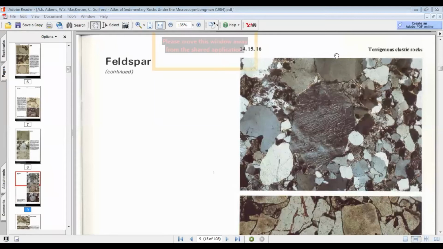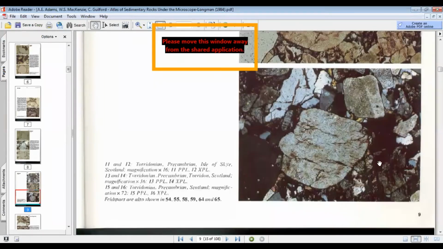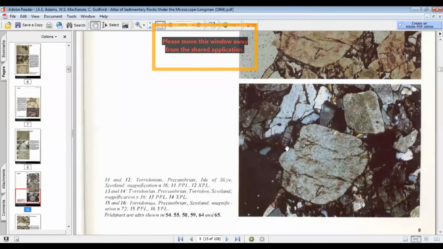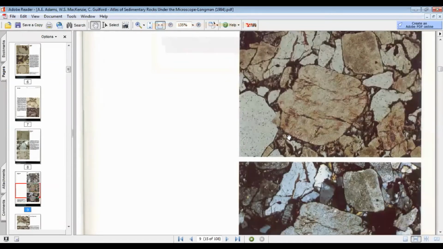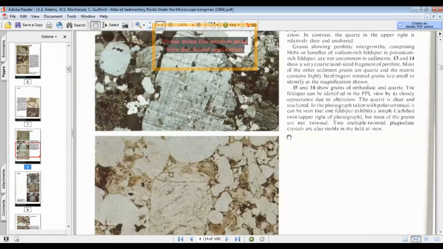Similarly, in other parts of the same thin section, you can see some quartz grains, the next dominant mineral, and you can have some quartz with a cloudy appearance. In this thin section, you can also see quartz grains and some microcline type of cleavage, and they also represent grains of orthoclase and quartz.